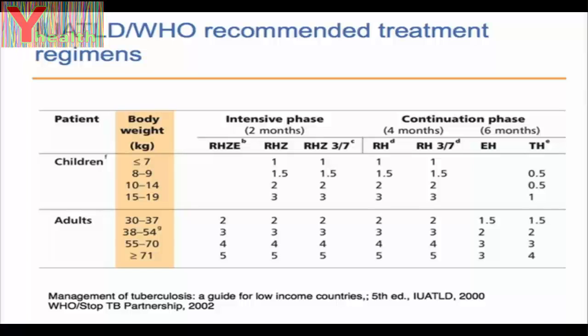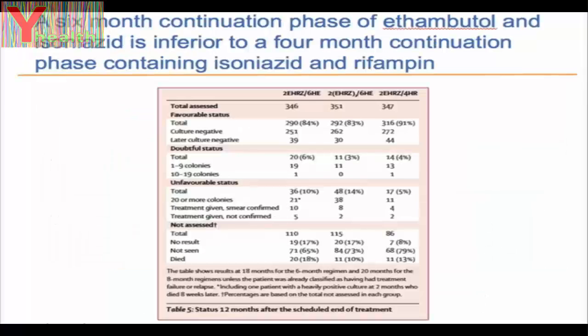However, it's been shown recently that this 8-month regimen, although it's longer, is less effective than the 6-month regimen. That's because the substitution of ethambutol for rifampin in the continuation phase makes the regimen less effective.